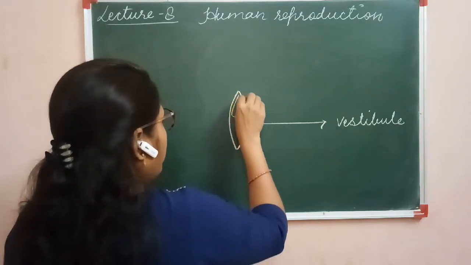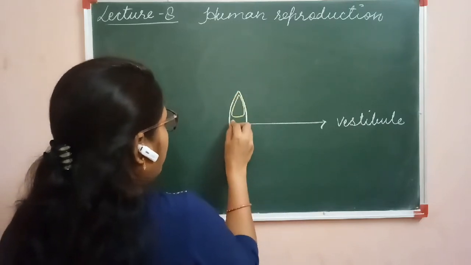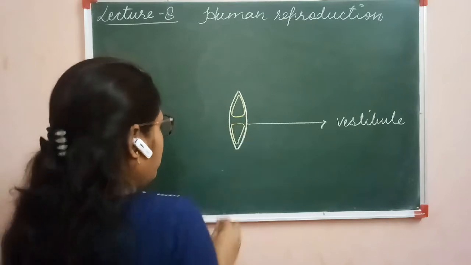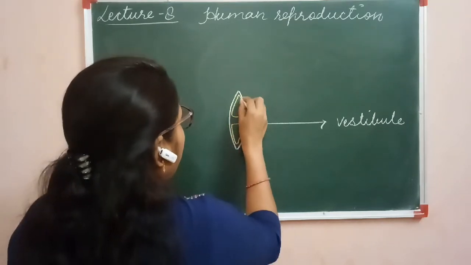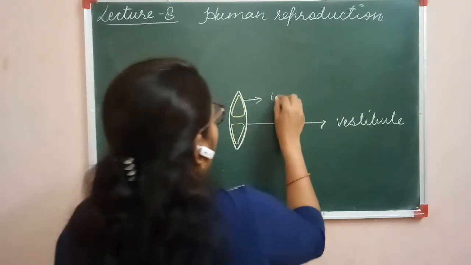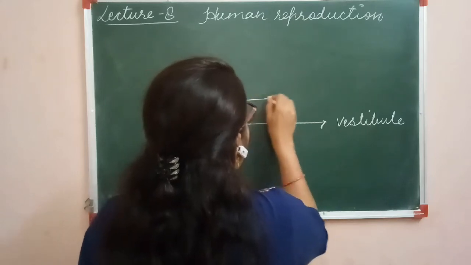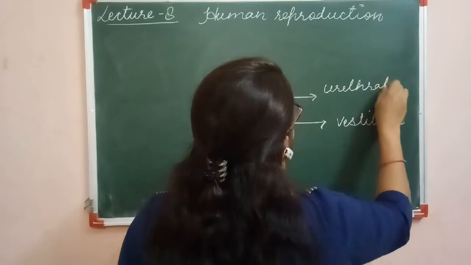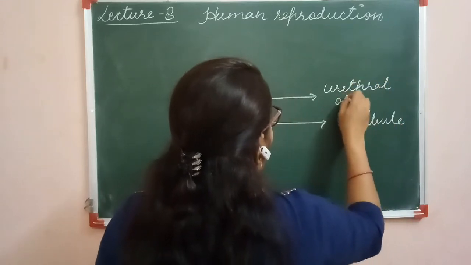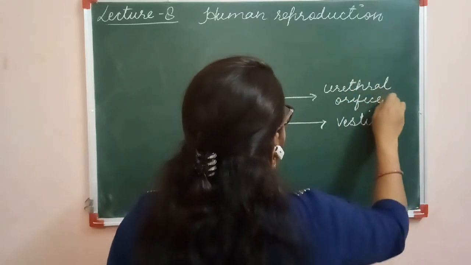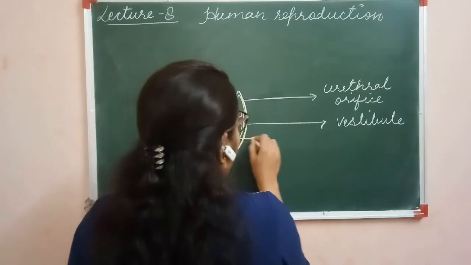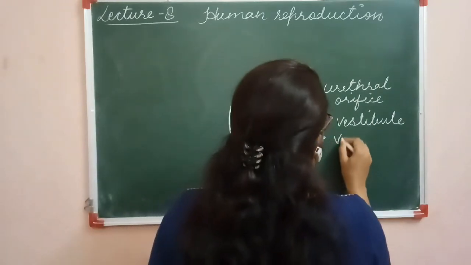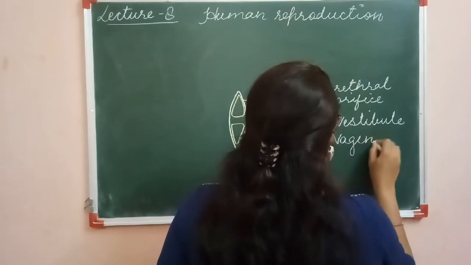This is the upper or anterior opening, and this is the lower or posterior opening. The upper opening is called the urethral orifice, or urethral opening, and the lower one is called the vaginal opening or vaginal orifice.